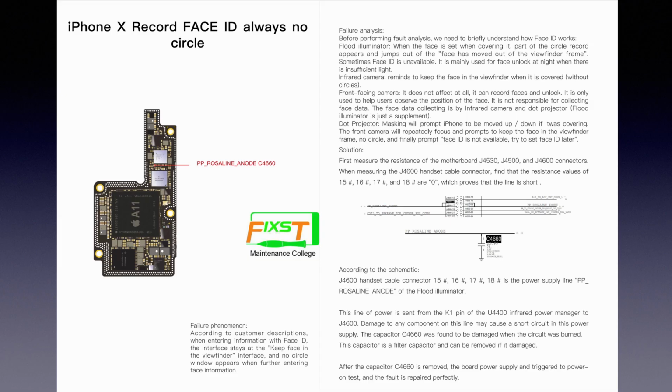Any damaged component on this line will also cause a short circuit in the power supply. With no power supply, the flood illuminator will not work normally. After our testing, we found that capacitor C4616 is damaged. This capacitor is burned and failed, and we can remove it if it is damaged.